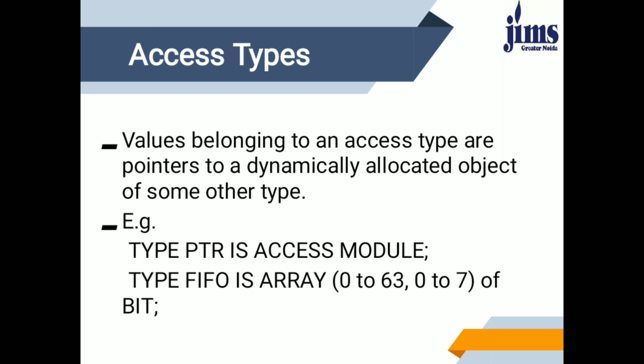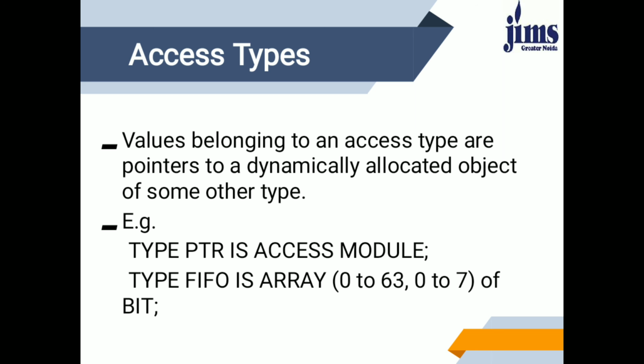Now access type, another type of data type is access type, which belongs to a pointer to which dynamically allocated objects of some other type. Just like we understand according to the access type in C languages or Pascal.